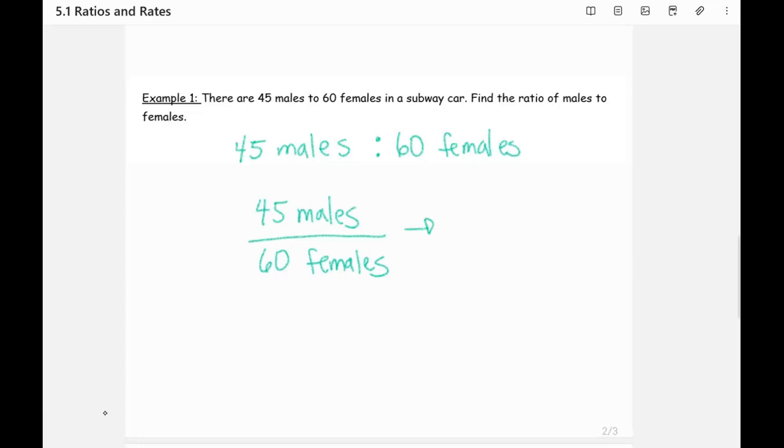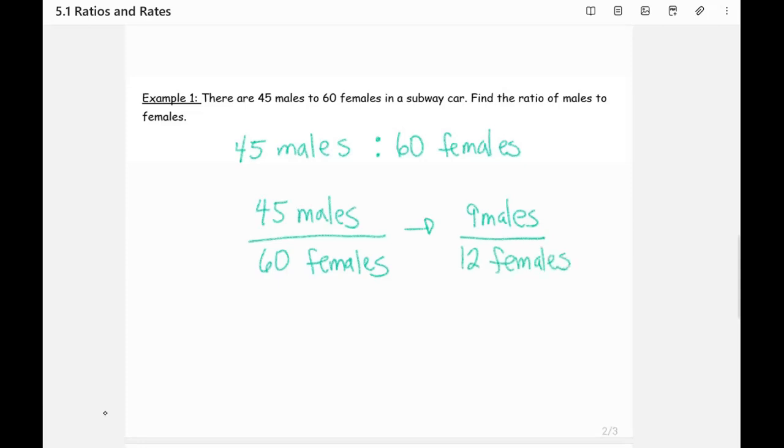When you simplify this, you would ask yourself, what is a number that goes in evenly into both 45 and 60? So you could start off with maybe a 5. 5 goes into 45 9 times, so we have 9 males over, and then 5 goes into 60 12 times, so 12 females.